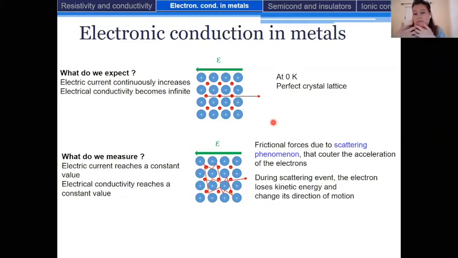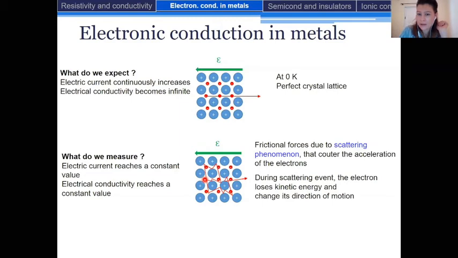What is a scattering event? Let's take this electron. It is accelerated by the presence of the external electric field, and it won't have a linear pathway.